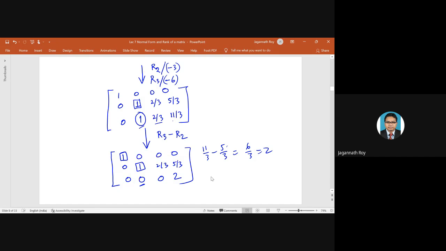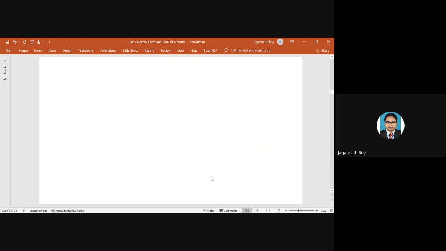That's how we proceed to find the normal form. So what do we do next? In the next step, we do column operations. For that, we do C3 minus 2 by 3 C2, and then C4 minus 5 by 3 C2.